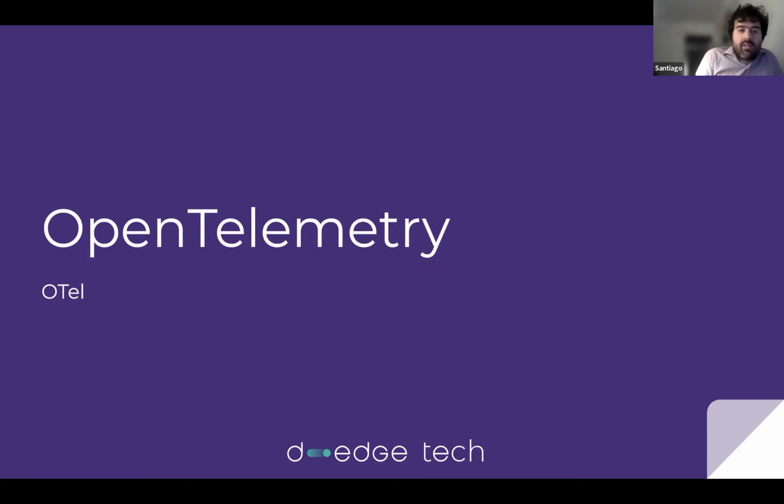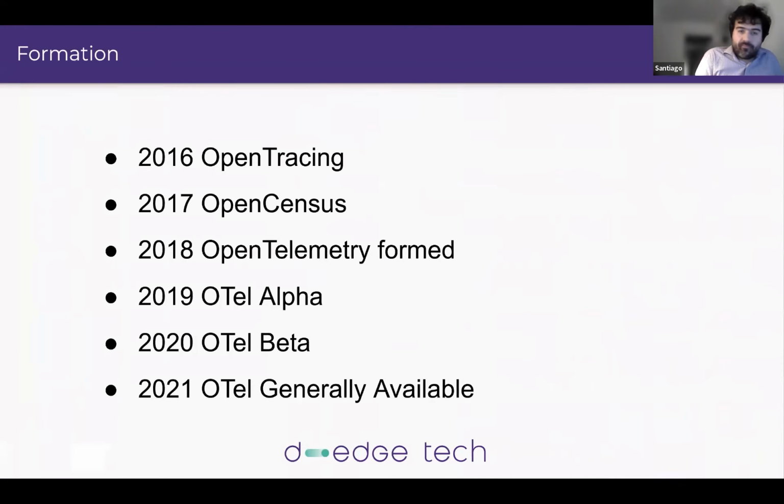So first, a little bit of history. In 2016, OpenTracing was released. And then OpenCensus was also released in 2017, and they realized that they had the same objectives in terms of observability.